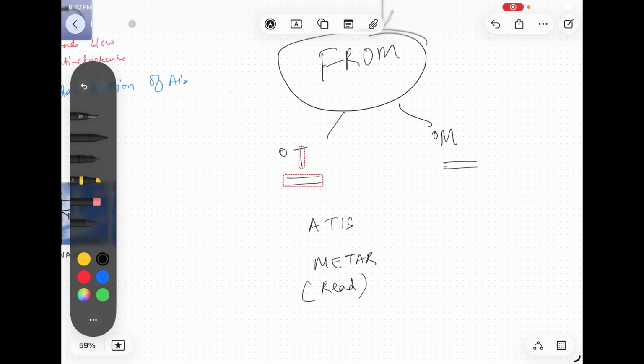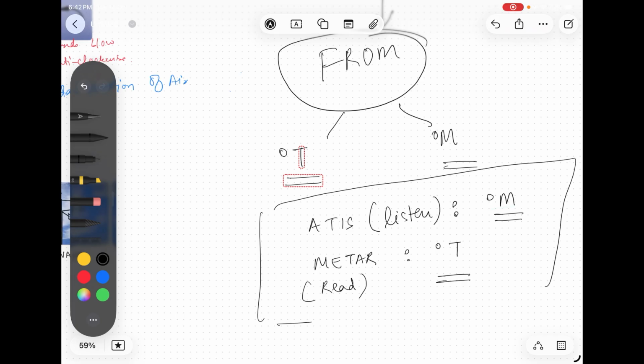It is a coded, standardized way of giving you the weather. It's something that you read, so here the winds are given in degrees true. And when we talk about ATIS, it is something that you listen to. You must have heard a lot of pilots saying, okay, listen to the ATIS, right? So when you're listening to the weather, the wind directions are given in degrees magnetic. So this you need to remember. This could also be a part of your exam question.